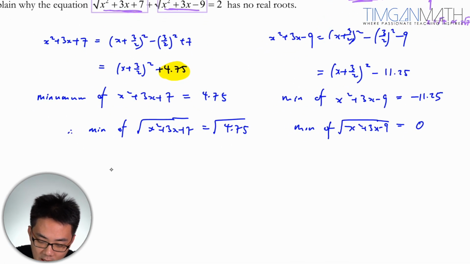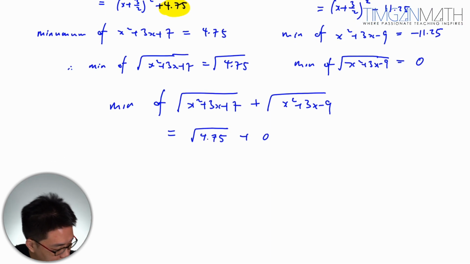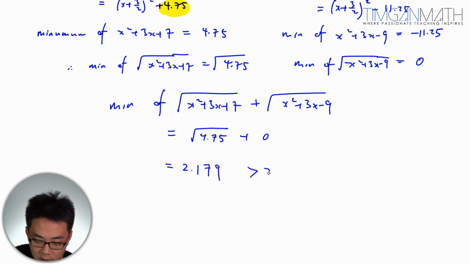So the minimum of the square root of x squared plus 3x plus 7 plus the square root of x squared plus 3x minus 9 would just be the square root of 4.75 plus 0. And the square root of 4.75 is actually 2.179, which is more than 2.